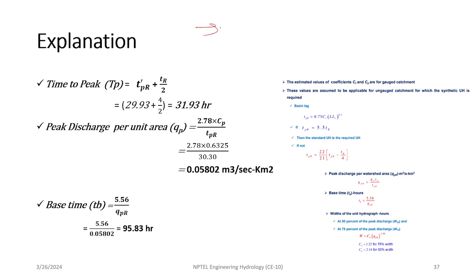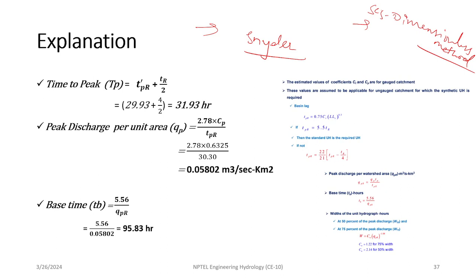Keep in mind, we have already jumped to the next method. This is the Snyder method, right? The relation you are saying is true, but that was applicable for the SCS dimensionless method, where the assumption is made that the unit hydrograph will have a triangular kind of distribution.